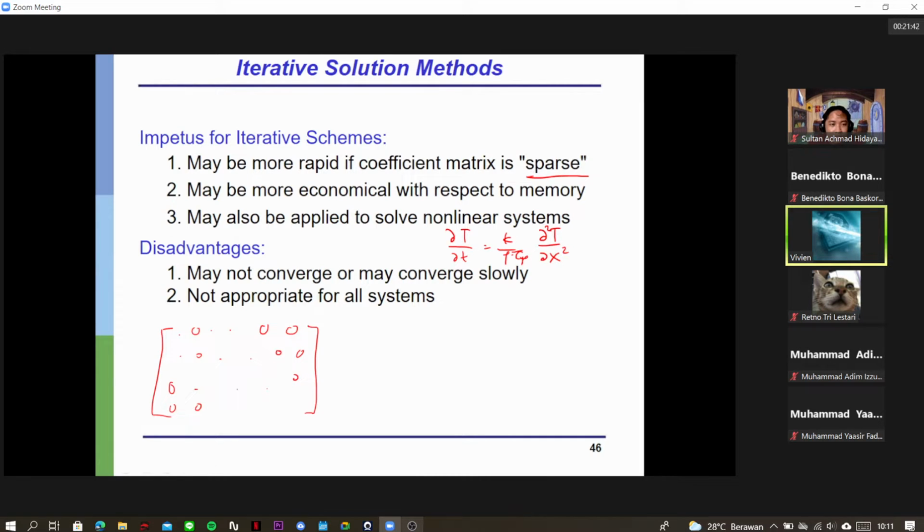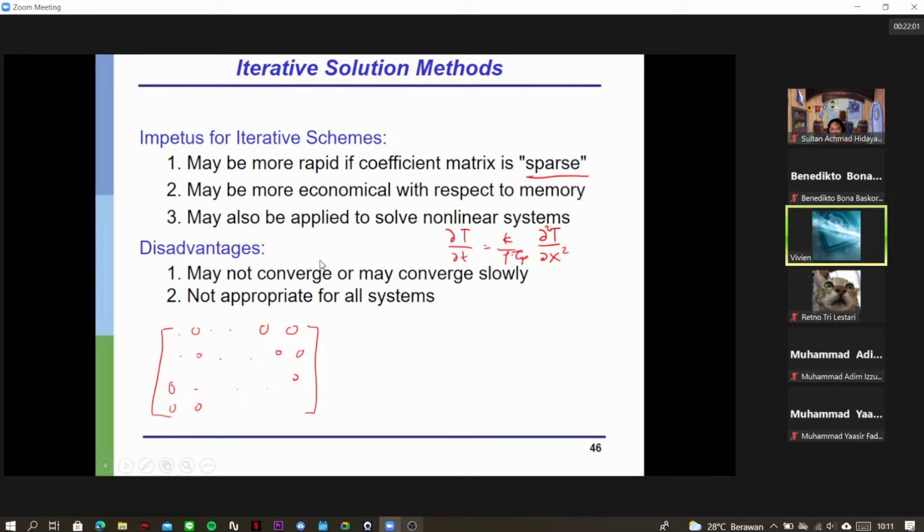So that will be heat conduction. We can apply that to heat transfer problems. So this is an example of a nonlinear system as well.